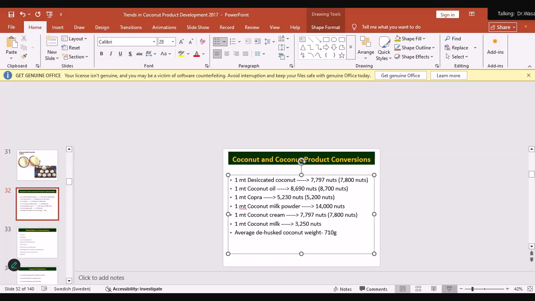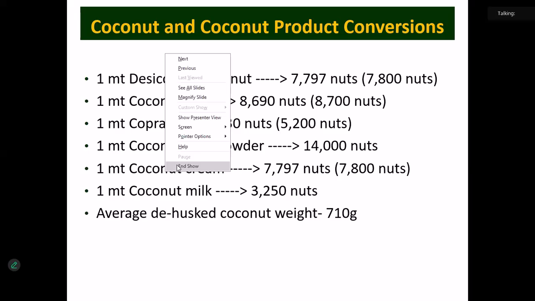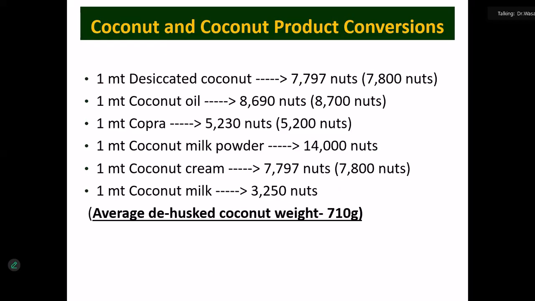Please take it down. Now you can see, please take it down.